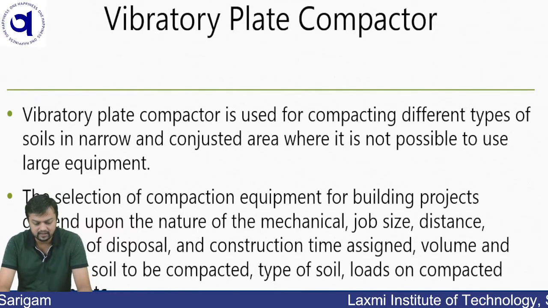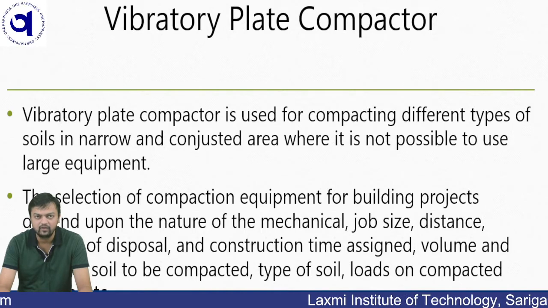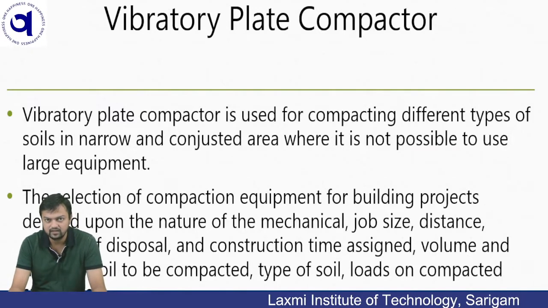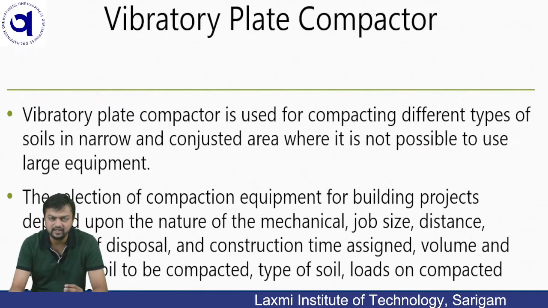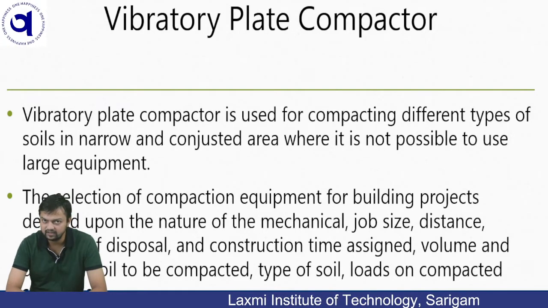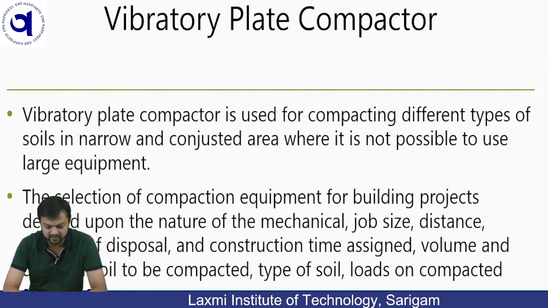The selection of compaction equipment for building projects depends upon the nature of the mechanical needs. Now what are the factors that govern the selection of this equipment? First, the mechanical needs of that particular construction project. Then job size: what is the size of the job on which we are going to perform these compaction activities?